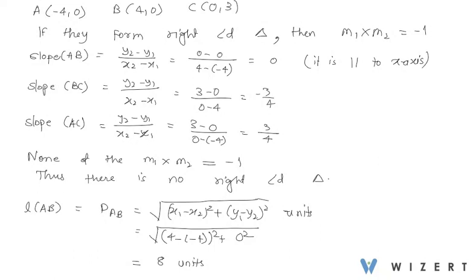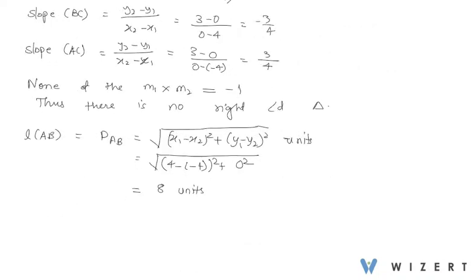Length of BC is the distance between points B and C, which is again the same formula, the square root of (x1 minus x2) whole square plus (y1 minus y2) whole square, in units.